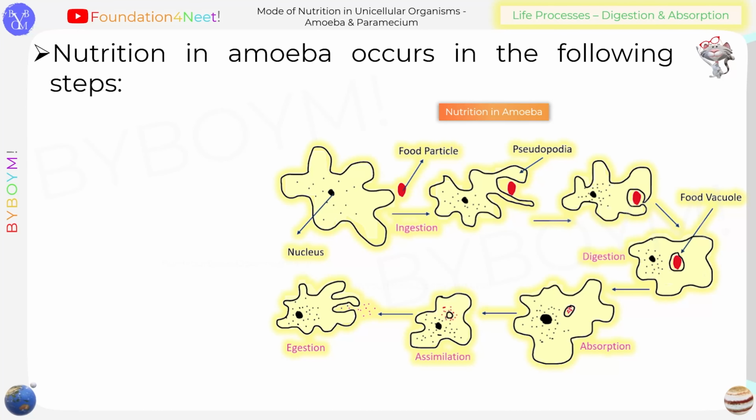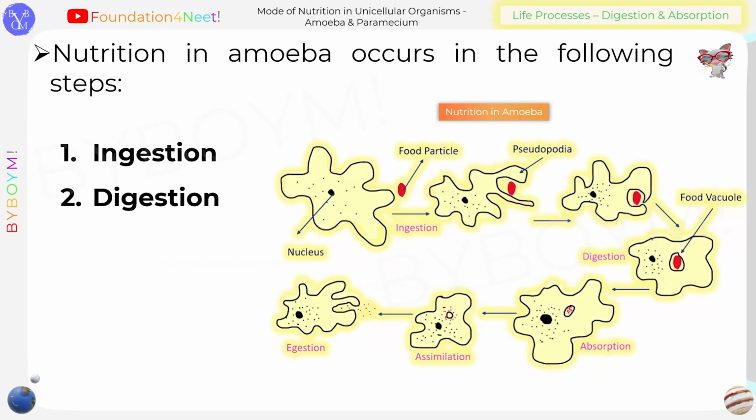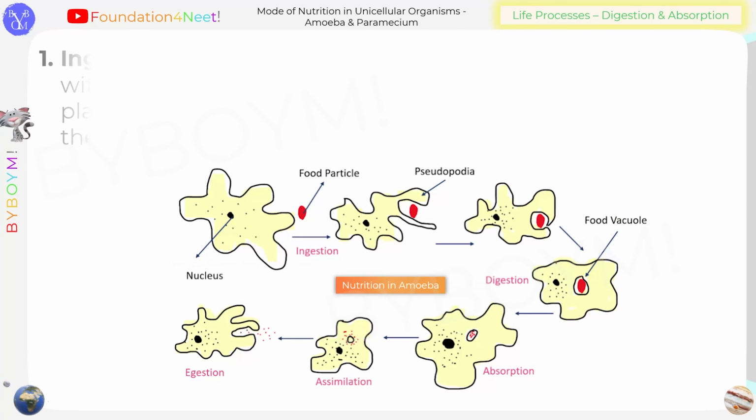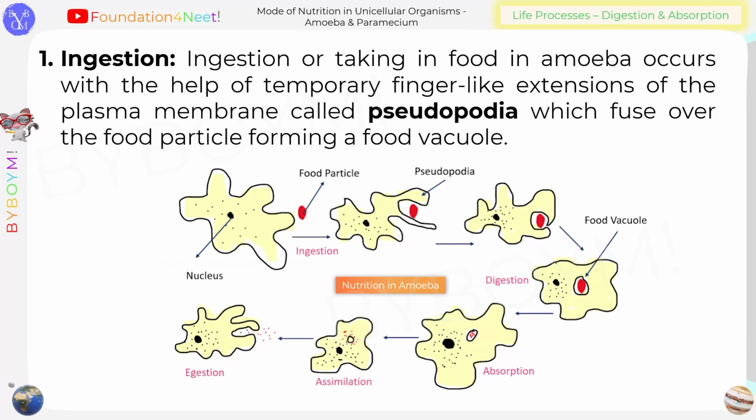There are 5 steps in nutrition in amoeba. The first step is ingestion, the second is digestion, the third is absorption, the fourth is assimilation, and the fifth is egestion. The first step in nutrition in amoeba is ingestion. What is ingestion?